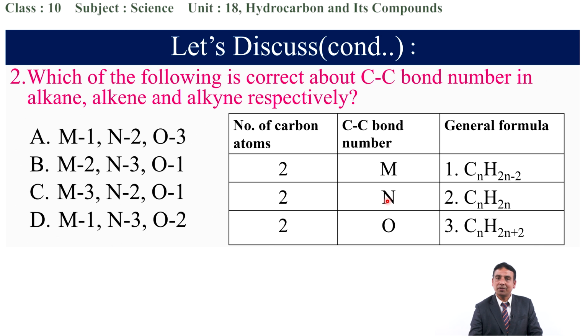So if you relate N with 2, in option C you can find the correct option. That means M3 is alkane, N2 is alkene, and O1 is the general molecular formula of alkyne. So what is the correct answer? Option C is the correct option for this question.